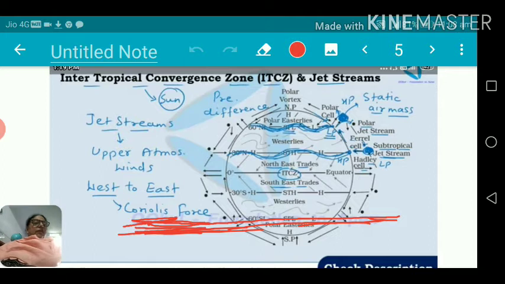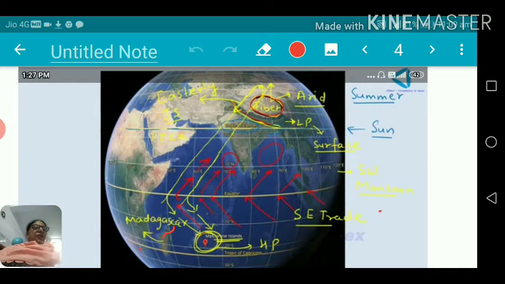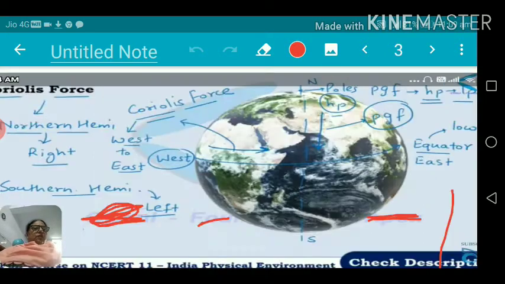In this way, there is one force that works there, the Coriolis force. The Coriolis force brings change in the direction of the wind, as in the diagram.